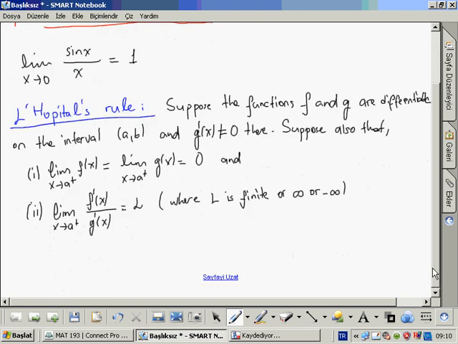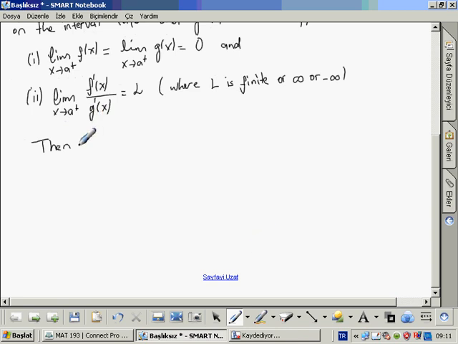Then we can say the limit as x approaches a from the right hand side of f of x over g of x equals L.